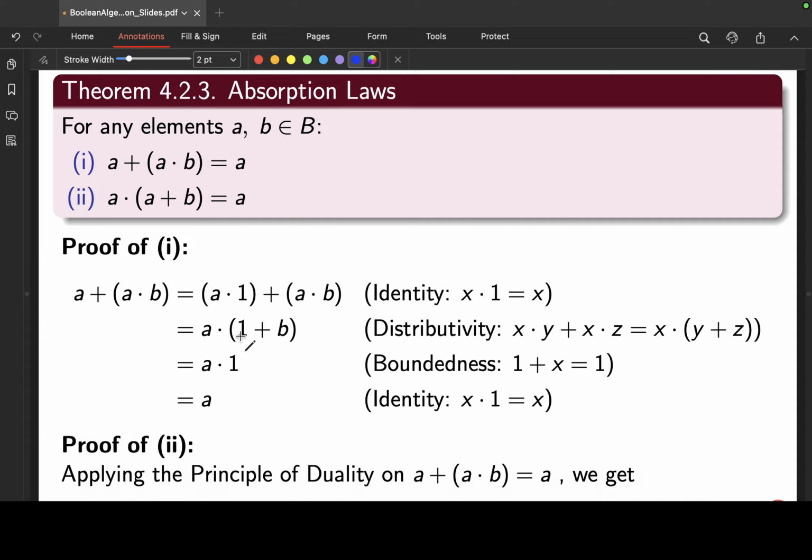So this, and 1 plus b by the boundedness law, 1 plus x equal to 1. So we can write 1 plus b equal to 1. So A dot 1 equal to A by identity law, x dot 1 equal to x. So first part is proved.